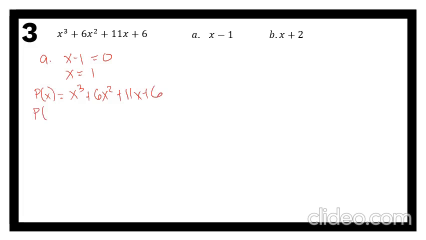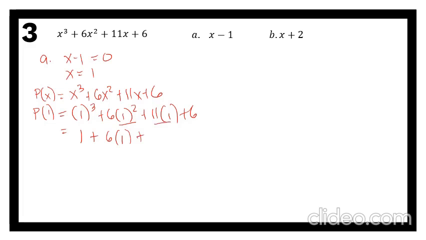P of positive 1, kasi ang value ng x ay positive 1, is equal to 1 cubed plus 6 times 1 squared plus 11 times 1 plus 6. 1 cubed, 1 times 1 times 1, 1 yon, plus 6 times 1 squared, that is 6 times 1 pa rin, kasi 1 squared is 1, plus 11 times 1, the answer is 11, plus 6.